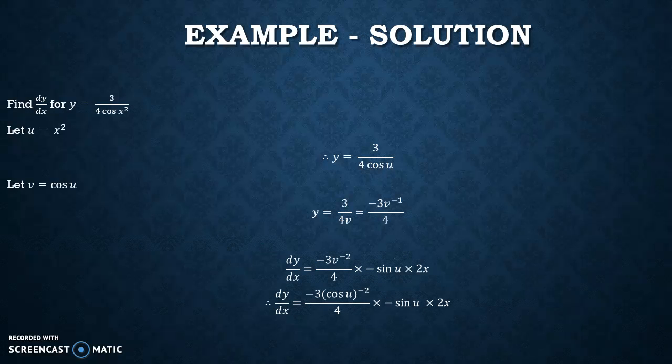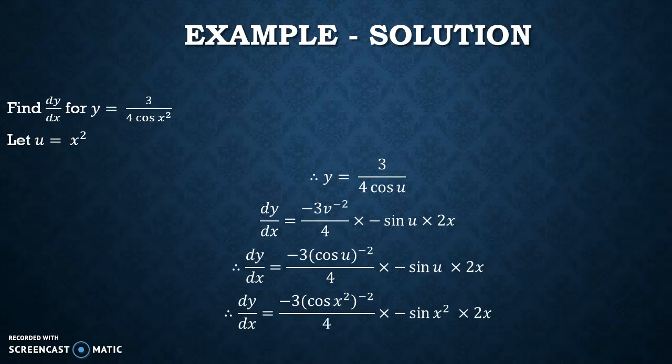Once we substitute back in again, it's just substituting the u's and the v's in as we go through and simplifying the expression. We'll find out that our dy dx comes out to be this value here.